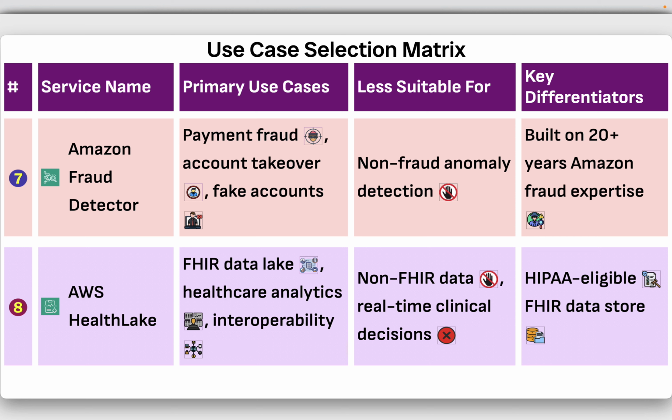Next, we have AWS HealthLake. Primary use cases are FHIR data lake. FHIR is Fast Healthcare Interoperability Resources, and interoperability. It is less suitable for non-FHIR data and real-time clinical decisions. Key differentiators are it's HIPAA eligible and a FHIR data store.